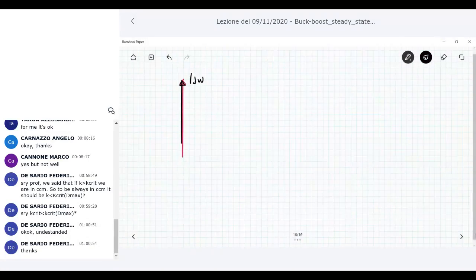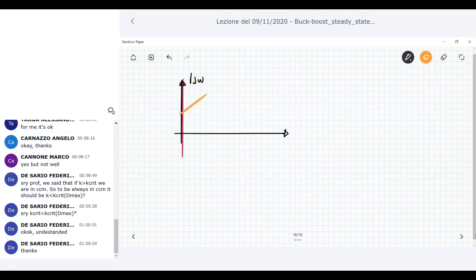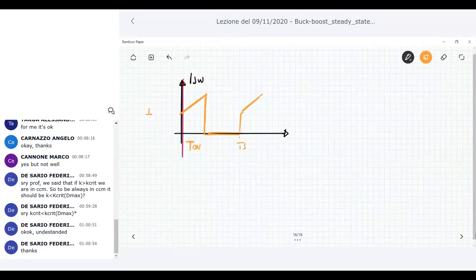I switch is equal to IL when the switch is on, so during T on, and then it is 0. During T on, between I minimum and I maximum. Okay?